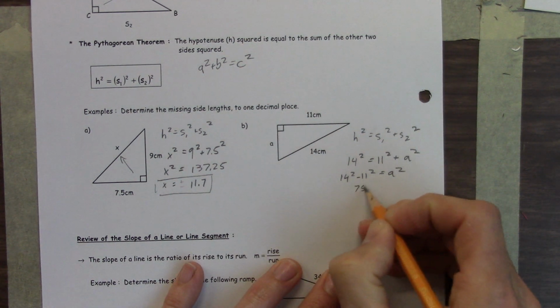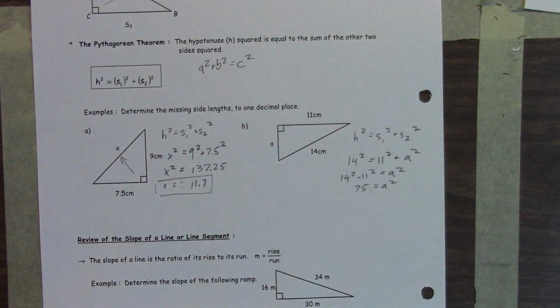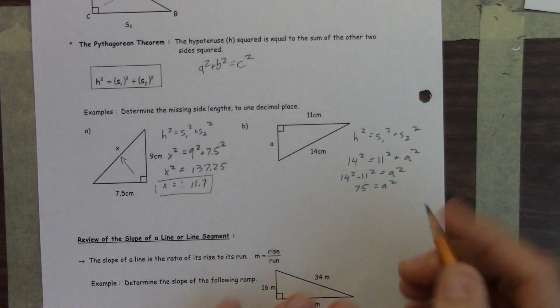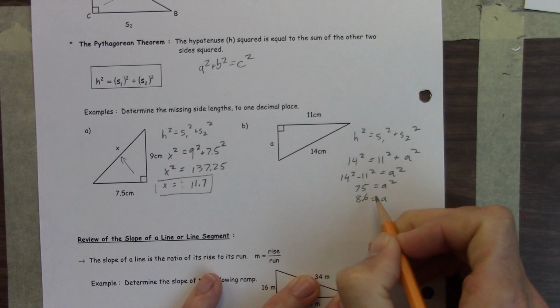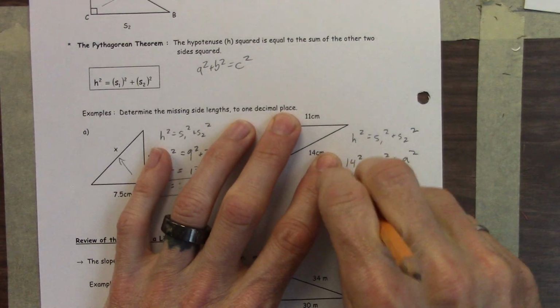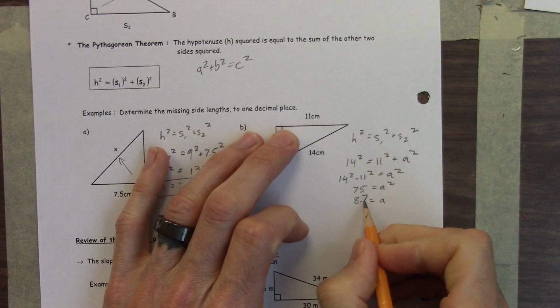So we got 75 is equal to A squared, and A is equal to 8.666, to 1 decimal is 8.7.